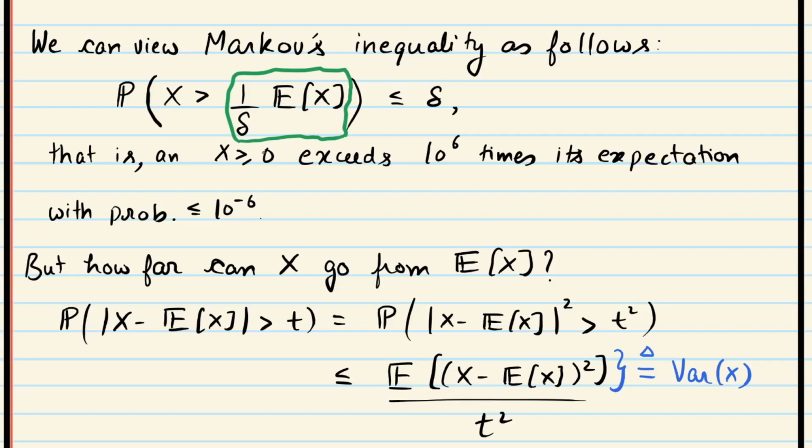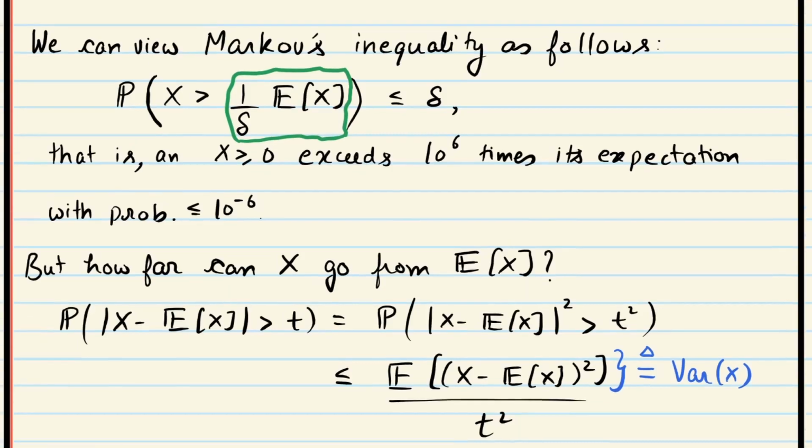Let's say the probability that a non-negative random variable exceeds 1,000,000 times the expected value is very small, it's 10 to the power minus 6. So this is how one should read Markov's inequality. It gives a multiplicative accuracy of 1 by probability for expected value. So we can now believe that no random variable can exceed its expected value significantly with a large probability. That's how you can read Markov's inequality.